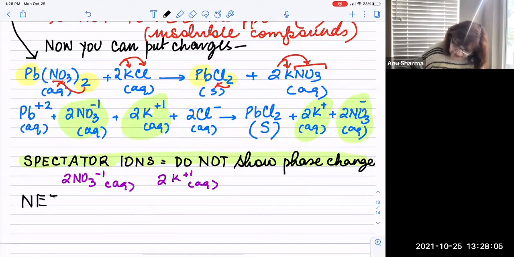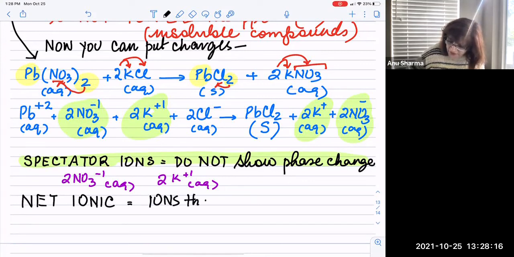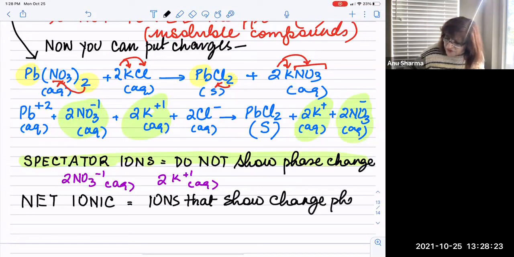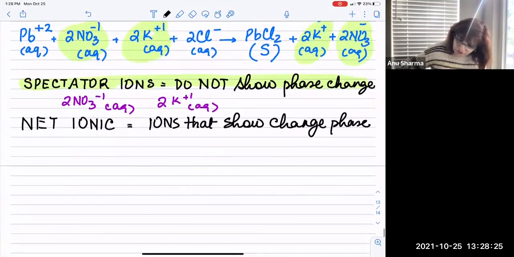Now net ionic is where the elements, the ions, that show the change of state, the change of phase. Okay, so which ones are those?